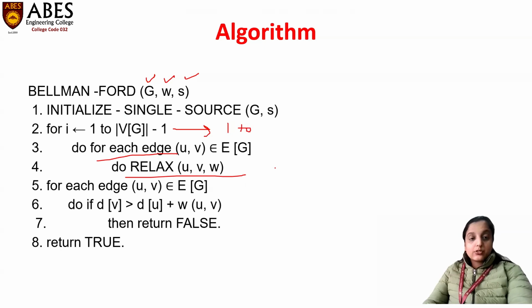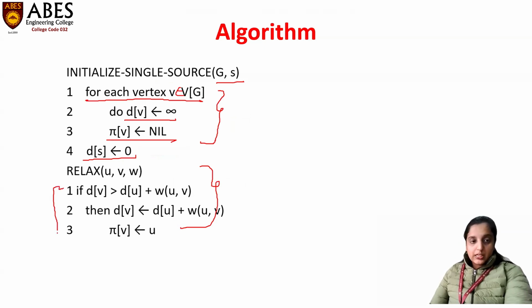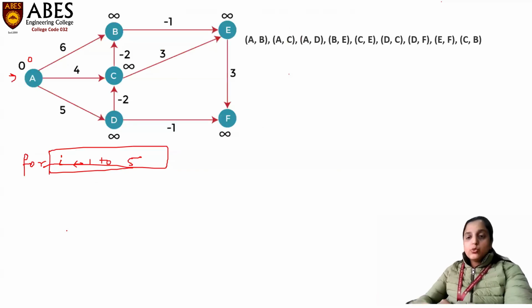This relax operation we have already seen in the Dijkstra algorithm, and when we discussed Dijkstra, these three lines were already discussed. Now let's apply these things to our question. So we have already noted our edges here. Let me take my pen.